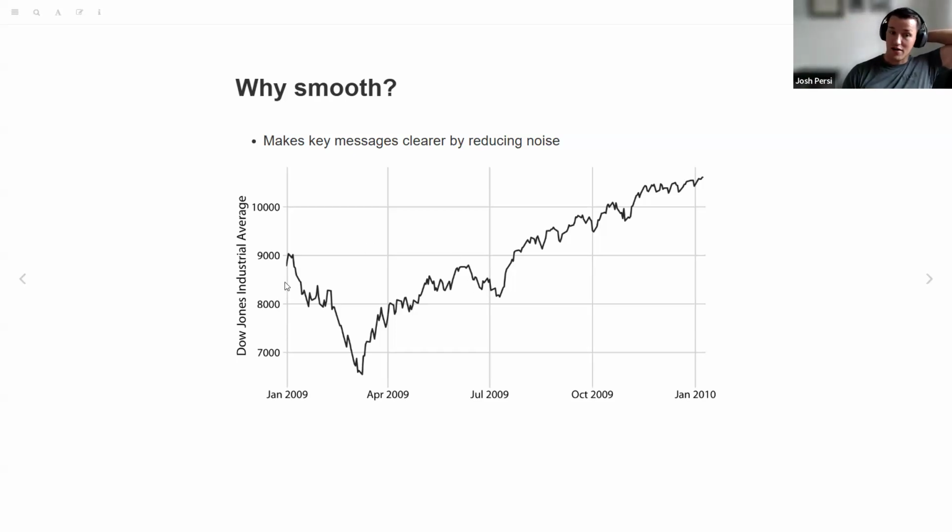If the message you're trying to tell here is that on average across this time series, the line went up, maybe you could smooth quite aggressively and still convey that message. But if you're trying to tell a story about the dip in March 2009, any amount of smoothing is going to make that less apparent. So you might want to not smooth in that case if your point is to emphasize that dip.